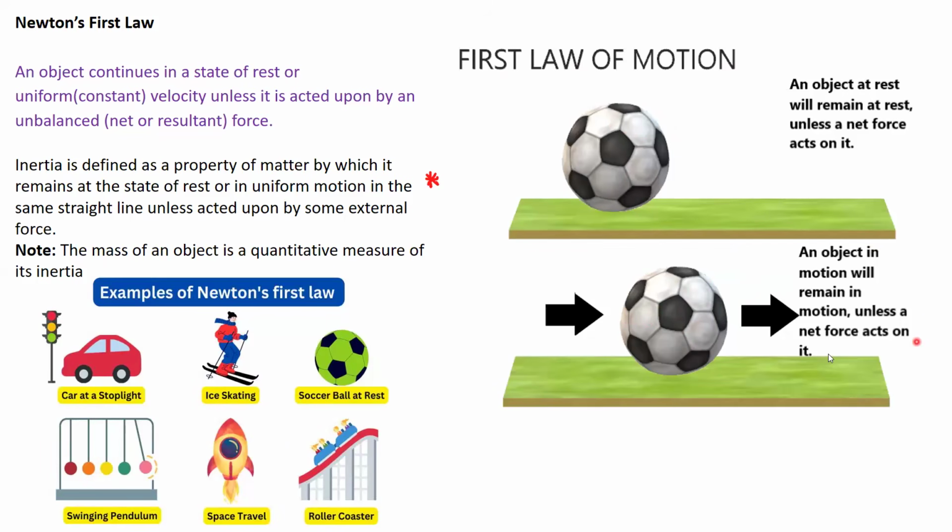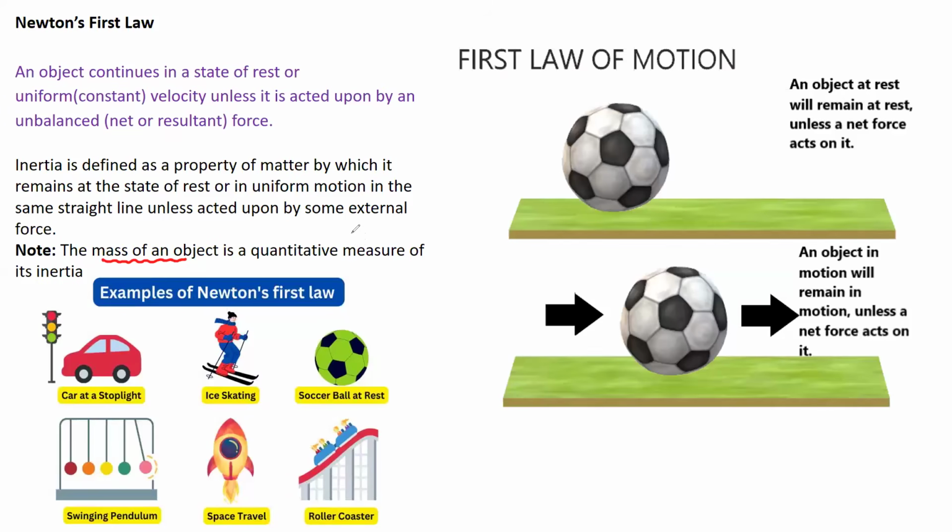And inertia is basically a quantitative measure, which is very dependent on the mass of an object. Let me explain that. The larger the mass, the greater its stubbornness to move. The larger the mass, the greater its stubbornness to change when it's already moving.